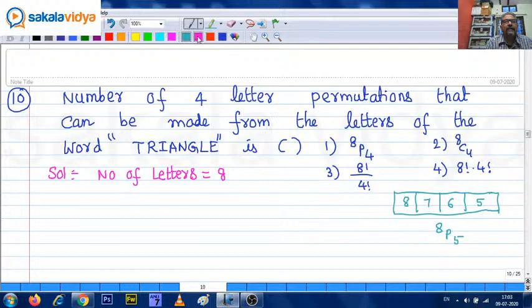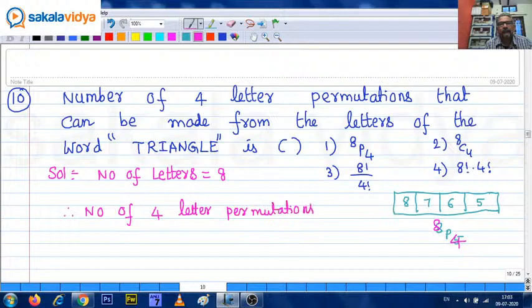So that means you can write now, therefore number of 4-letter permutations is 8P4. Number of 4-letter permutations equals 8P4, or we can write 8 into 7 into 6 into 5.